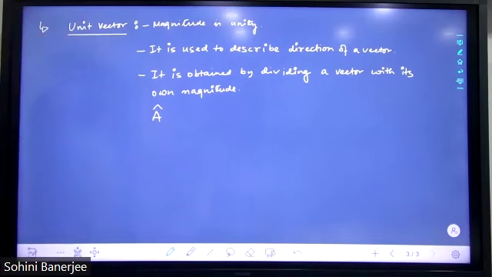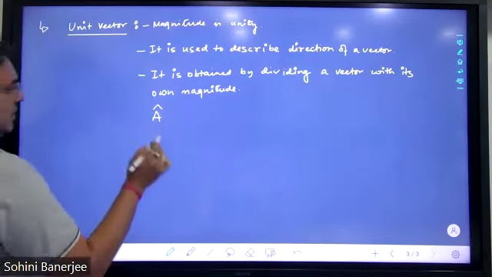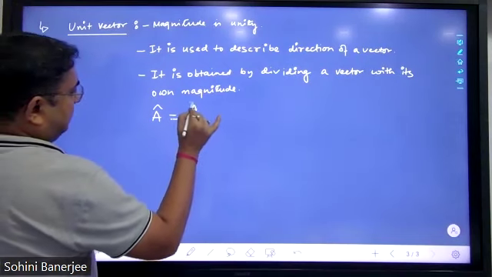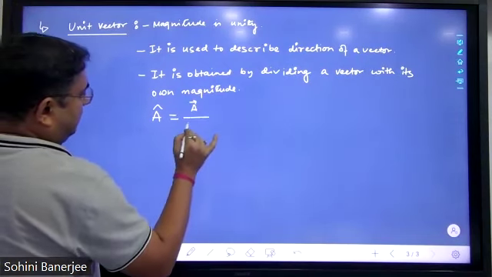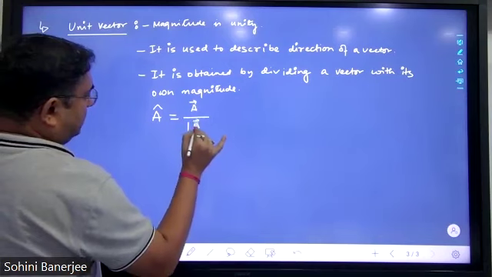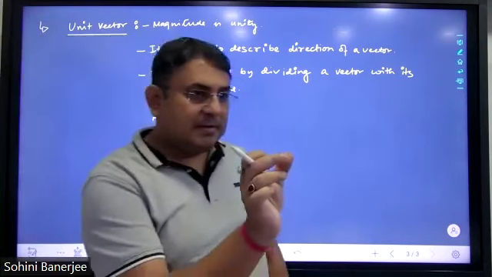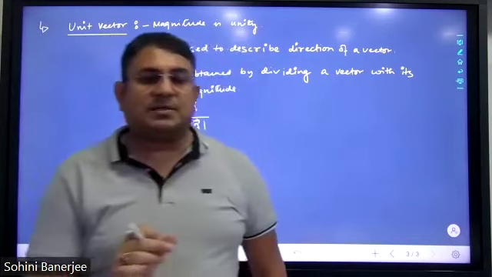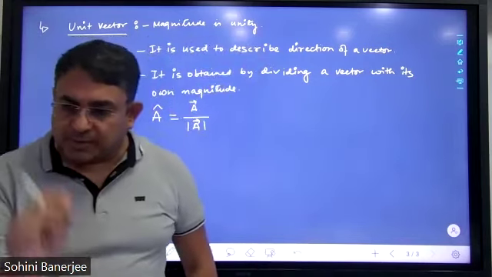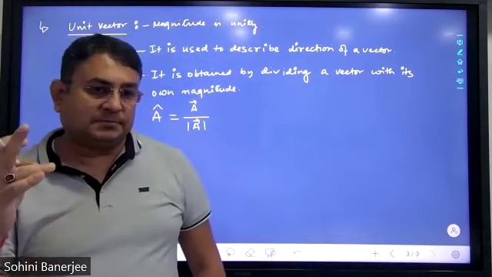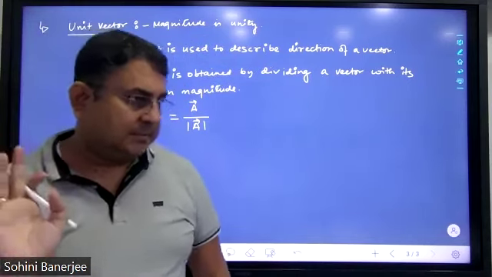Both are okay. So this is a unit vector for a vector A. So suppose this is a vector A. You are dividing it with its own magnitude. So magnitude of a given vector is modulus A. So vector A divided by modulus A. That gives you the unit vector for the A. And how to write it? A cap or a hat. Clear?